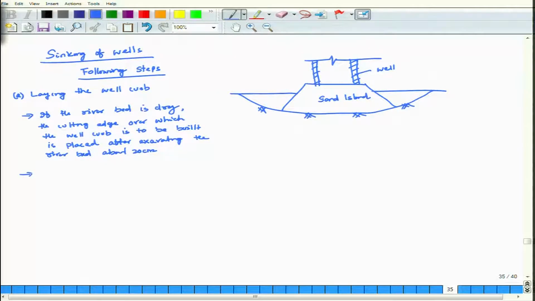Second part is, suppose there is a water table or depth of water up to 5 meter, a sand island is made before placing the curb. The size of the island should be large enough to accommodate the well.